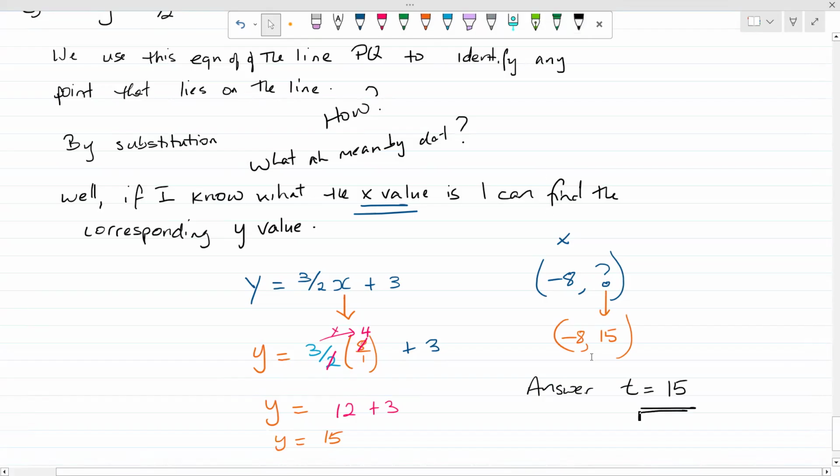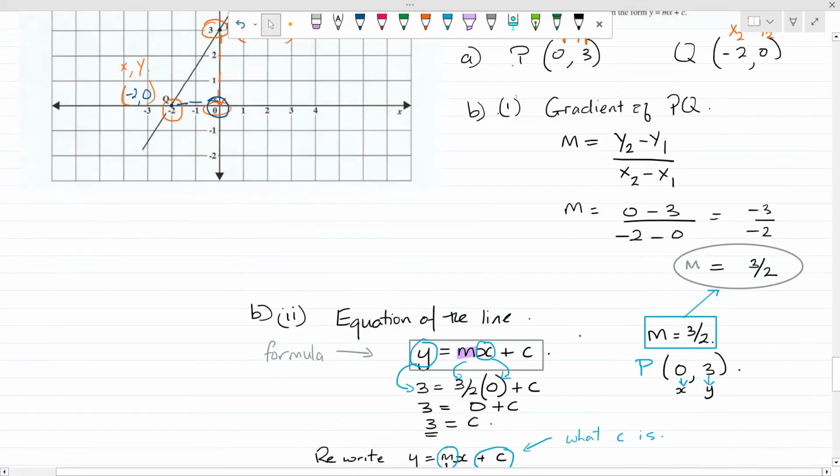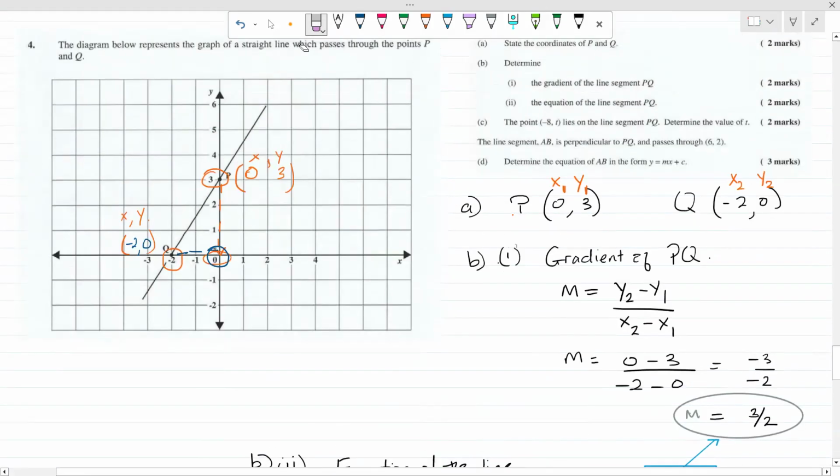And I know t is 15 because that occurs when x is minus 8. So if I go on the graph and I put the point minus 8, 15, it will be a point on the line itself. It will actually rest on the line here like that. And it will line up with minus 8 and 15. It'll actually be on top. It won't be below. Understand?